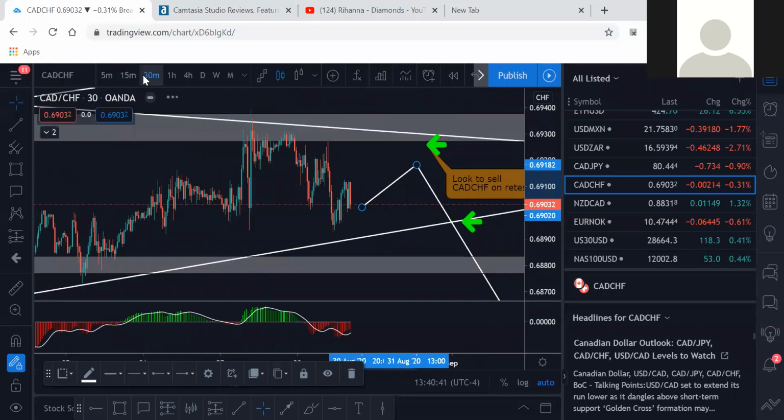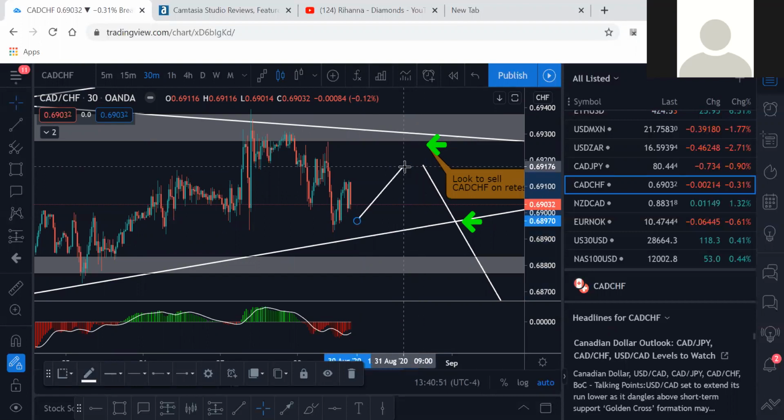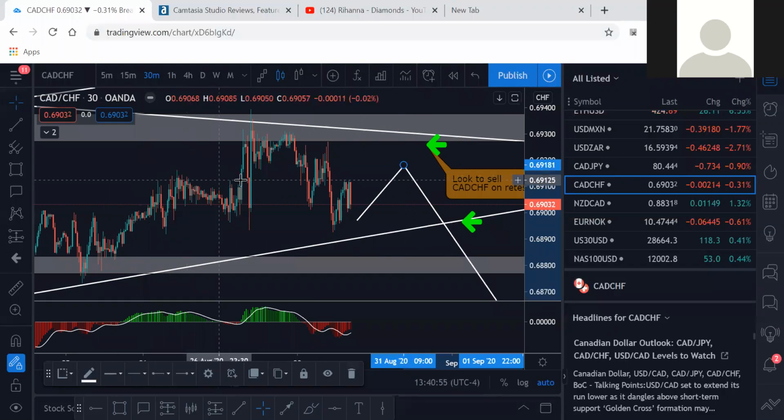Head and shoulders. That's right. There we go. So we've got a nice head and shoulders pattern here for me. Right? So price is likely to come back to this one here for your right shoulder before it drops.